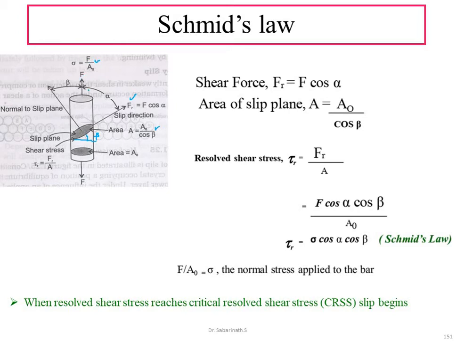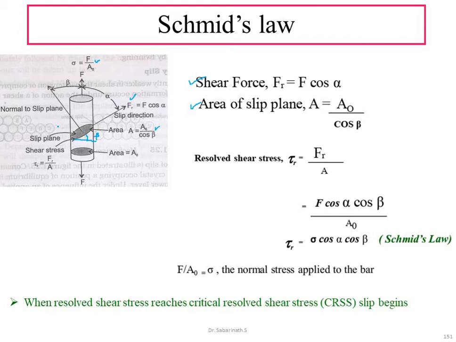When F is resolved along the slip direction, it will be Fr, or Fr will be F cos alpha. So the shear force we have found, and the area of the slip plane we have also completed. Now we want to see the resolved shear stress.